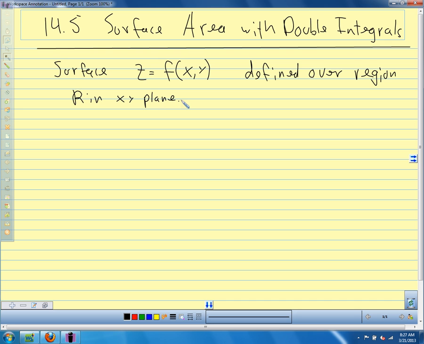And we're going to say for what we're doing today that z has continuous first partials in our region, and R is closed and bounded. So we have a closed bounded region.